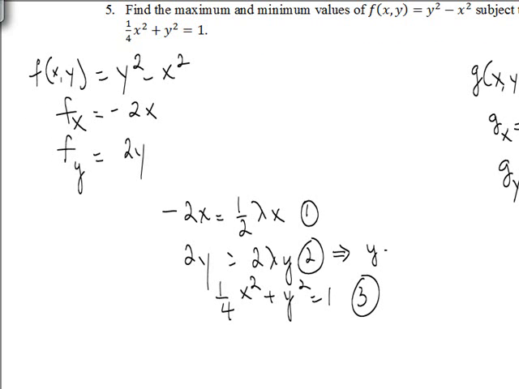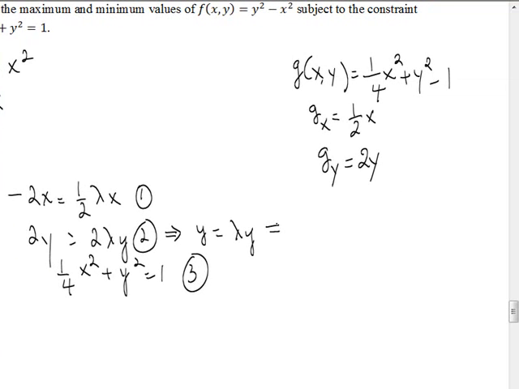So that's y equals lambda y. Agreed? Then somebody said subtract. Y minus lambda y is 0. Agreed? So I've subtracted. Then what? Take y out. Beautiful. Factor out y. Y times 1 minus lambda is 0.